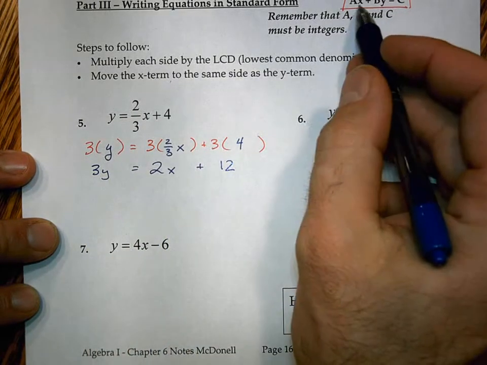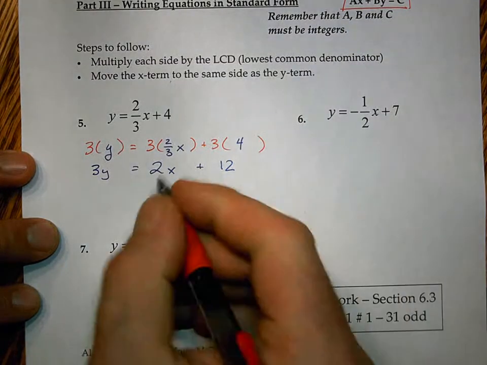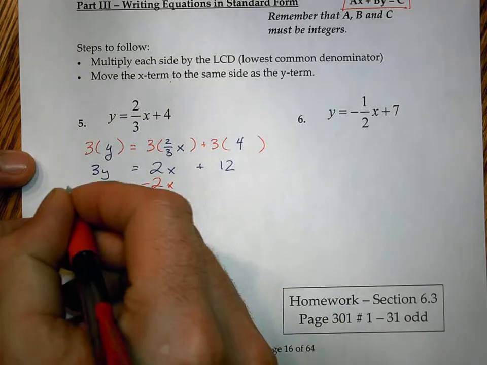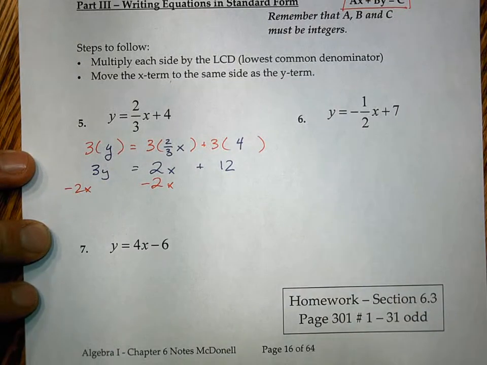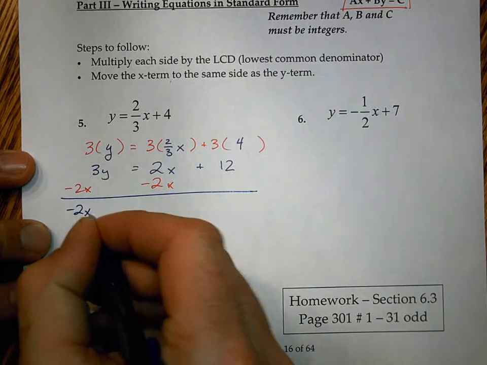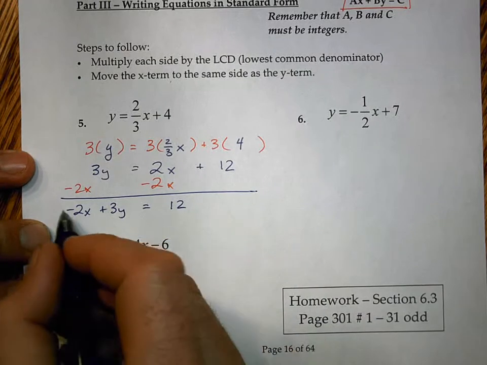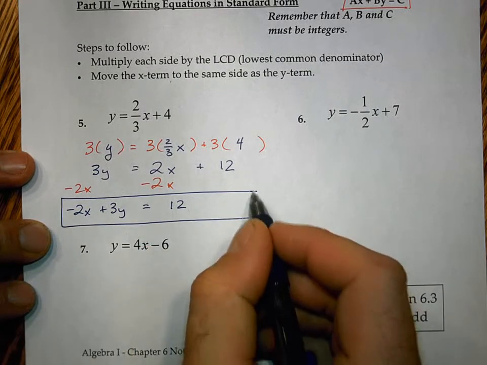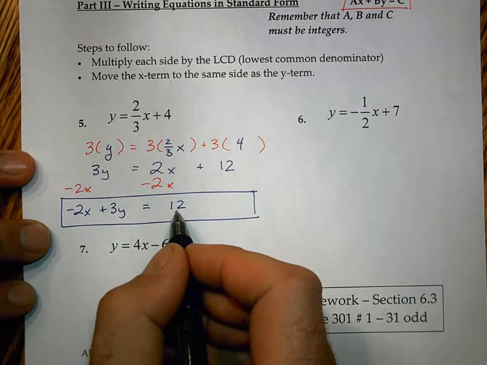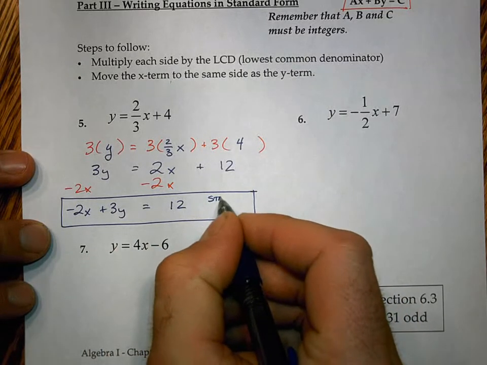It's not quite into x's and y's on the left-hand side, so to do that, I need to move that 2x over to the other side by subtracting it from both sides. That leaves me a result of negative 2x plus 3y equals positive 12. Now the x's and y's are on the same side of the equation, the numbers are on the other, and they're all integers, so this is called standard form.